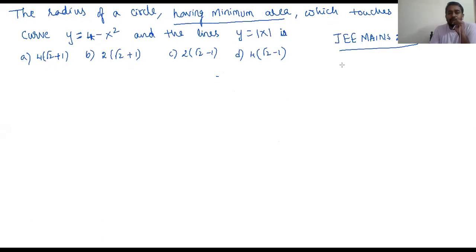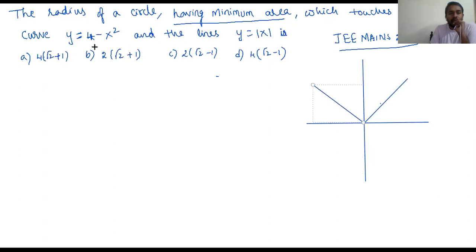What is this? This is a parabola. This is a modulus graph. So if I plot it in a rough sketch, this is the modulus graph, y equal to mod x, something like this.